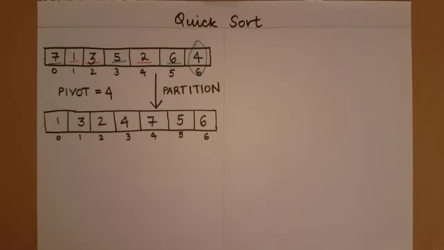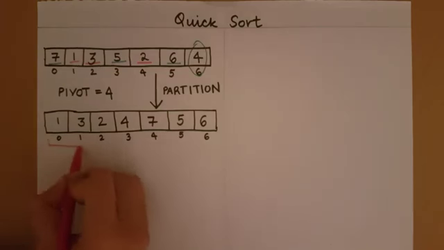Upon doing partition, what do we get? We get a left subarray, which is 1, 3 and 2, consisting of elements less than the pivot, and a right subarray, which is 7, 5 and 6, consisting of elements which are greater than the pivot. We also get to know the correct position of the pivot, or the pivot index.